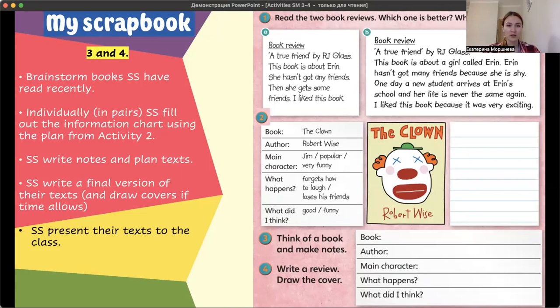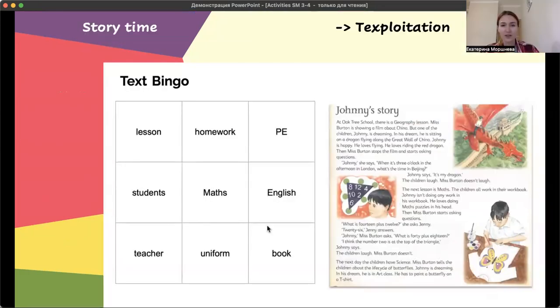And then we can make them listen to each other by putting the drawings on the board or on the walls, and then listen to the description of the book and find the right cover, maybe. Yes, but in this way I think we need to spend the whole lesson on this. Yeah, of course it will be time consuming. So if we have time, we can do this. Actually, I have never done it.